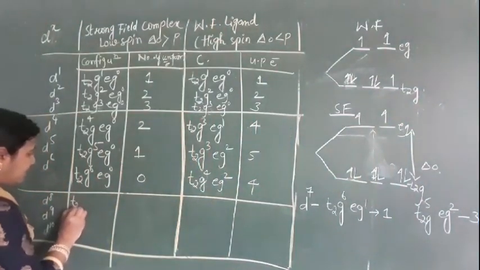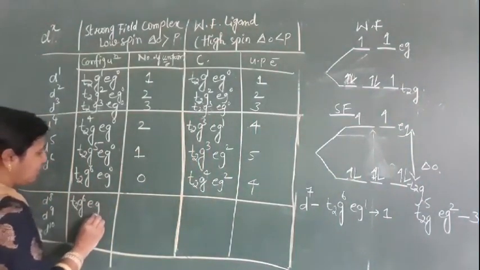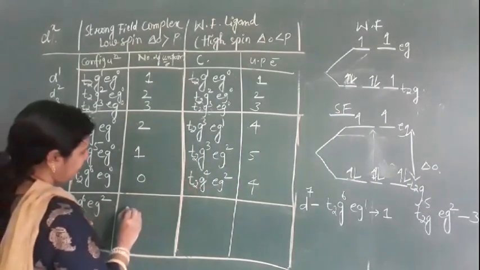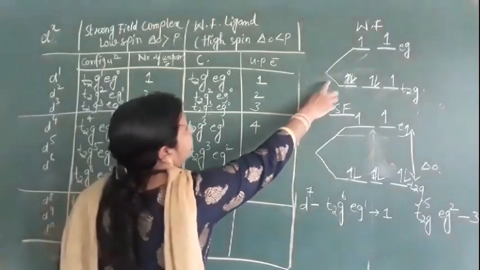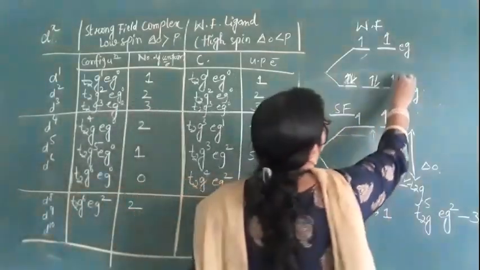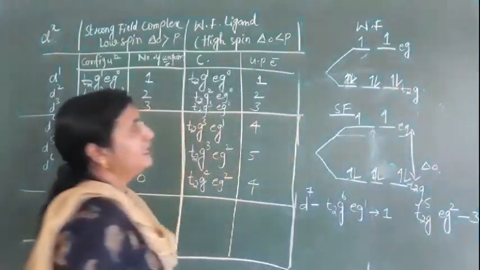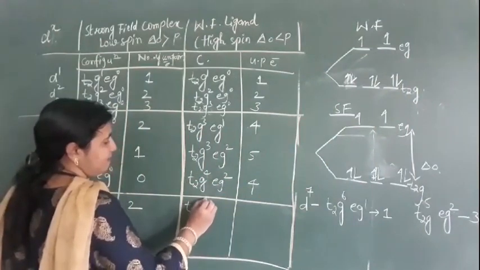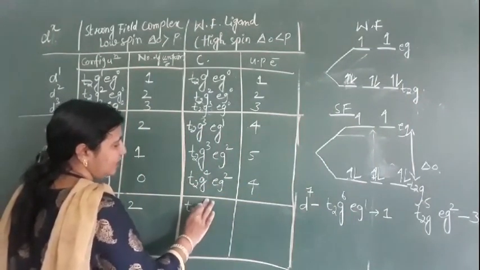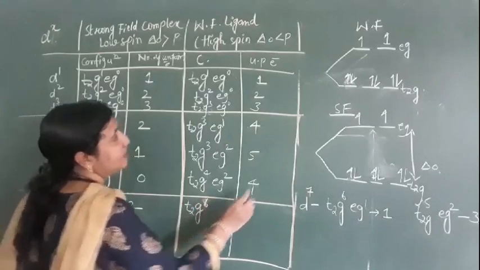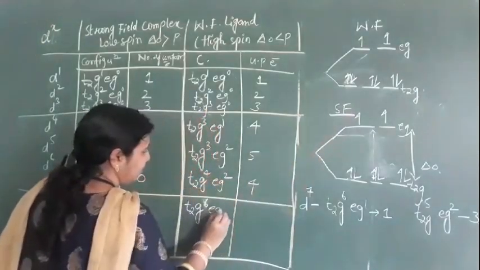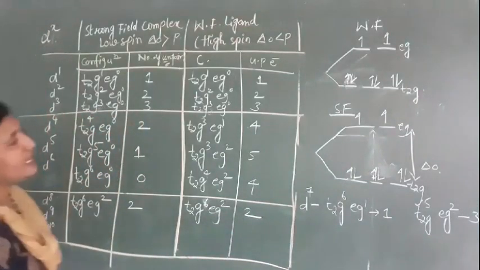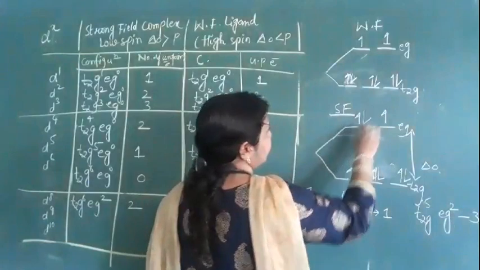So the electronic configuration is t2g6 eg2, and the number of unpaired electrons is 2. In the weak field case, the eighth electron also enters the t2g set, so the configuration is t2g6 and eg2. Number of unpaired electrons: 2.